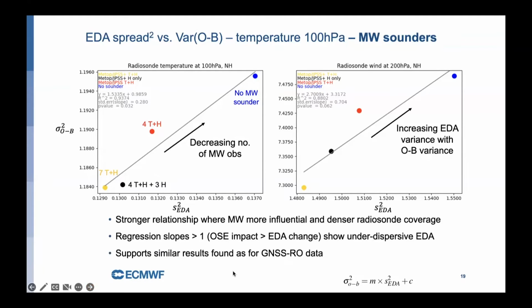But qualitatively, it was really nice to see that for real data, you do see this relationship. There is a relationship between the EDA spread and O minus B statistics for microwave sounders as well as for GNSS-RO data. So these findings qualitatively are very similar, but as I said, the details do differ.